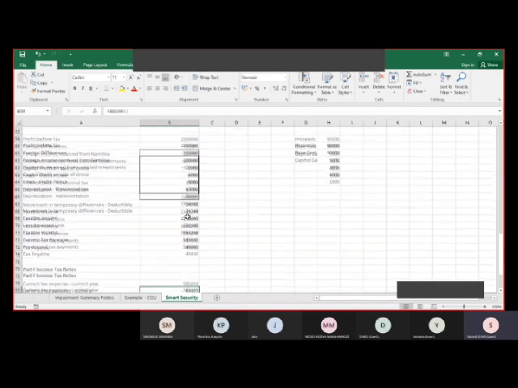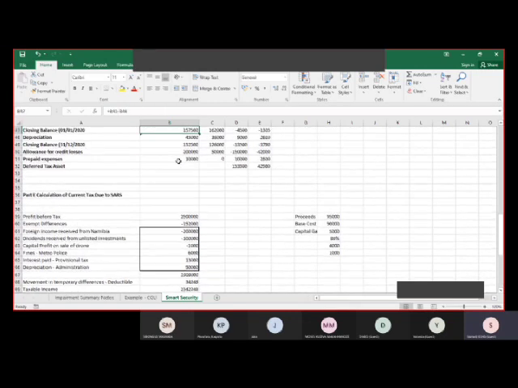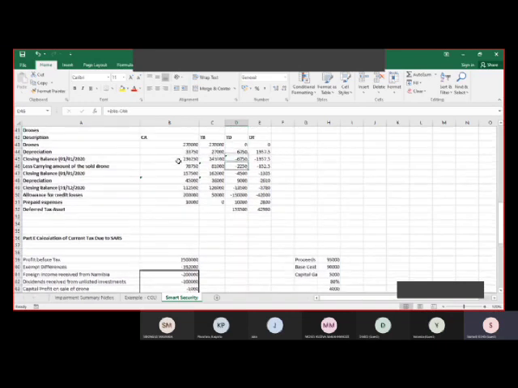All right. So I was here on the temporary differences. On the temporary differences, I took the 153. These are my temporary differences. Let's see how I got to that.